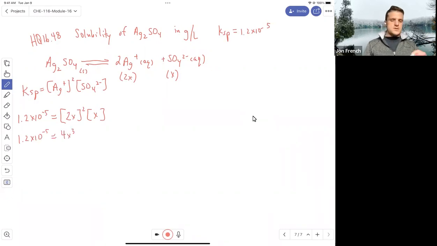When I square that and then multiply the two together, divide both sides by 4, and I get 3 times 10 to the minus 6 equals x cubed. All right, I can't take the cubic root in my head, unfortunately.